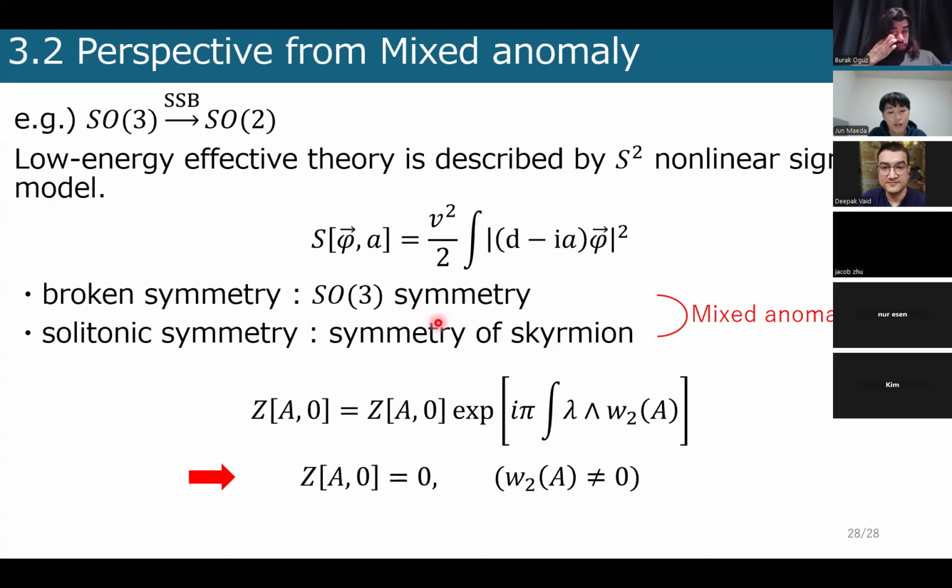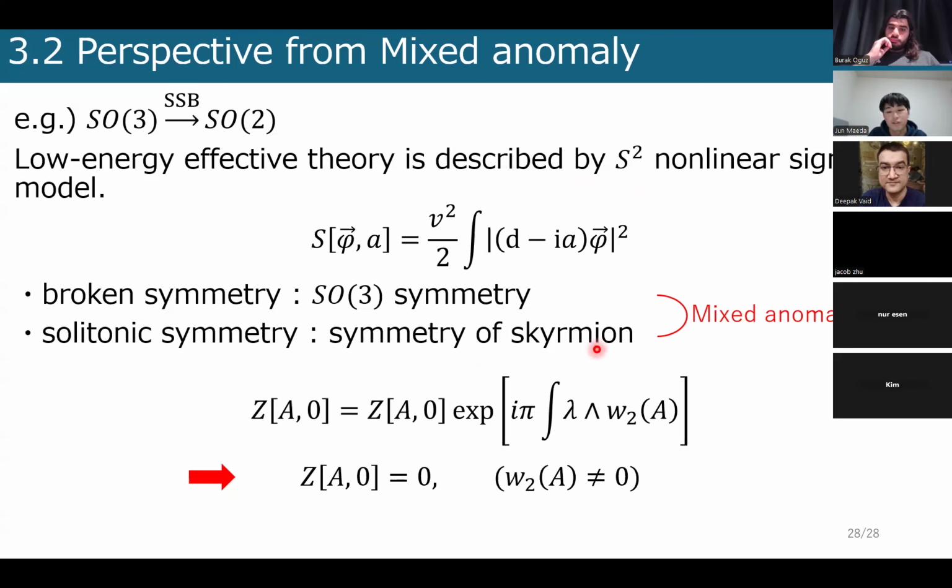And this theory also has a symmetry of skyrmions. Skyrmions correspond to the non-trivial second homotopy group, pi_2(S^2) equals Z, and the corresponding soliton is called a skyrmion.